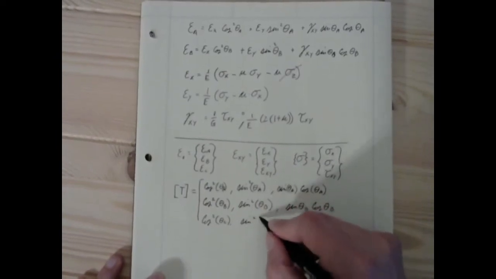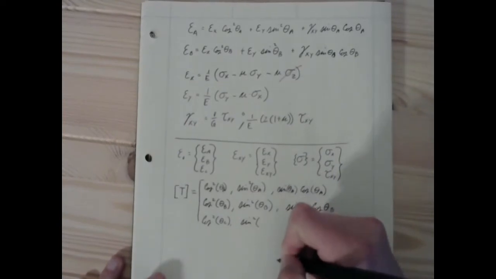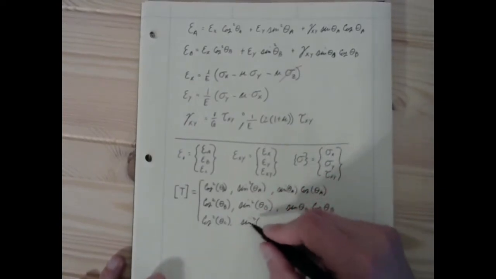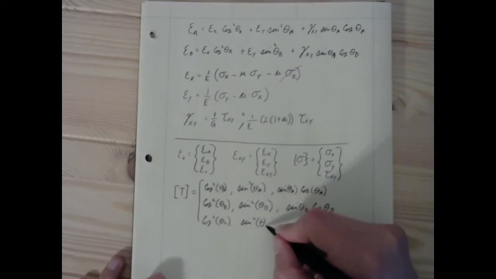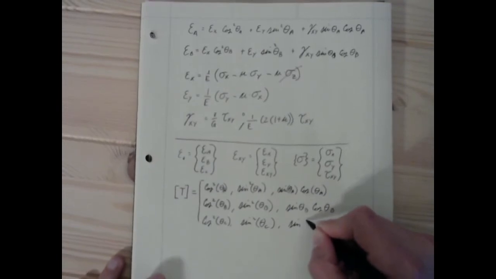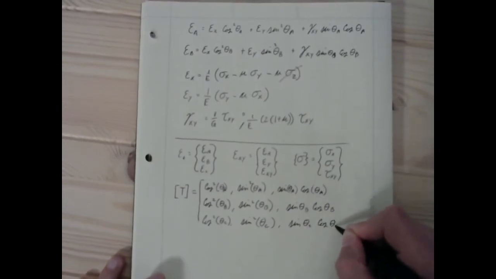And this looks like a real pain in the neck, but remember, these are all constants. So this matrix that looks big and ugly is going to end up being some pretty simple constants. So no big deal. Sine angle C, cosine angle C.